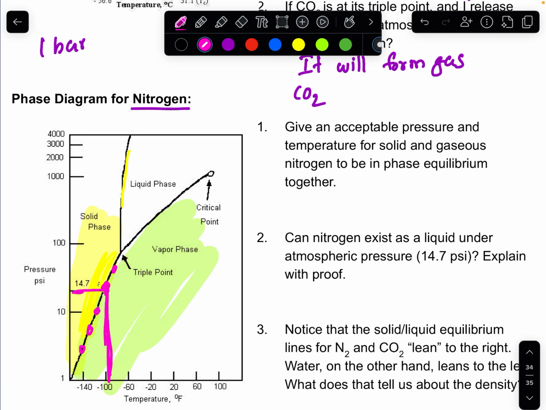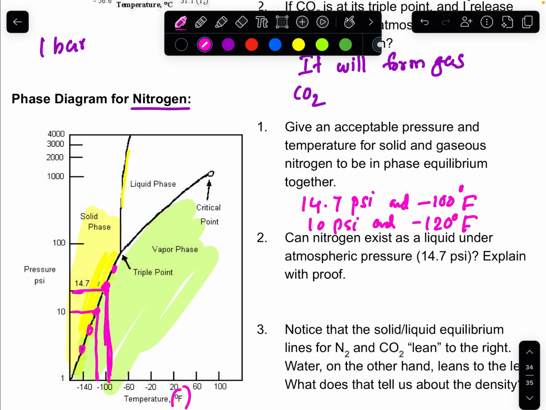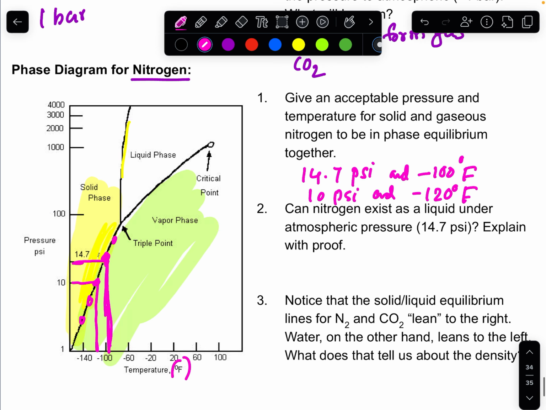Minus 100 degrees Fahrenheit. It's given in Fahrenheit, okay? So 14.7 psi and negative 100 degrees Fahrenheit. Or if it is 10 psi, that will be negative maybe 120 degrees Fahrenheit. Okay, so that is that.